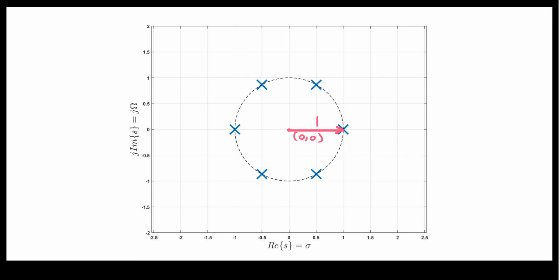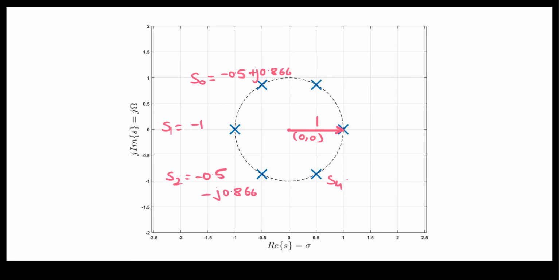Moreover, if we observe, then this pole, that is s0, is equal to minus 0.5 plus 0.866 j. This is s1, which is equal to minus 1. This is s2, which is equal to minus 0.5 minus j times 0.866.